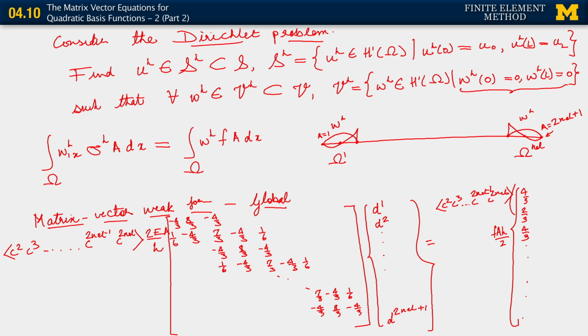As a result, the last entry here would also be 4 over 3. 4 over 3 would be the entry from the mid-side node of the last element. The contribution from the last node of the last element, which is the one that I've marked out here, is missing also in the vector that arises from the forcing function.